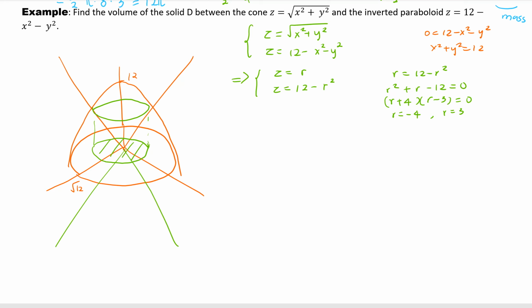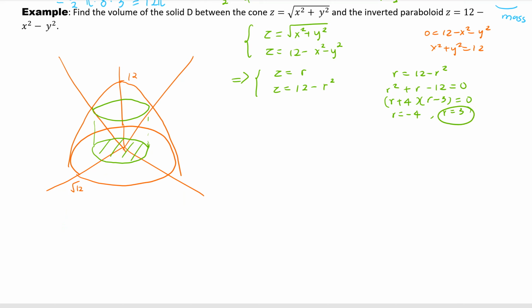So it can also intersect the bottom cone with another circle. But in our case, let's just look at the upper cone. So that is when r is positive.